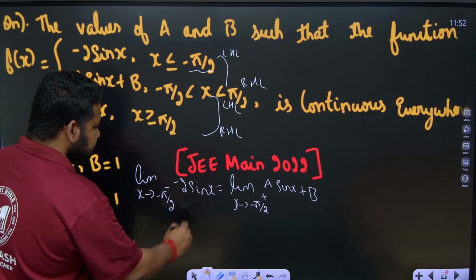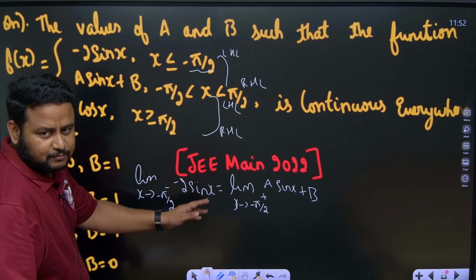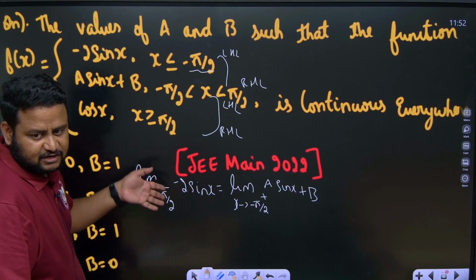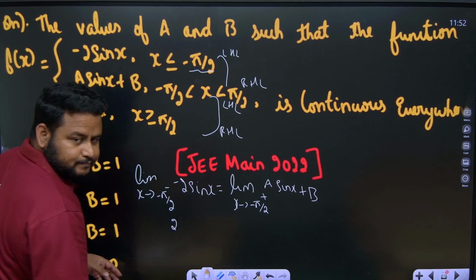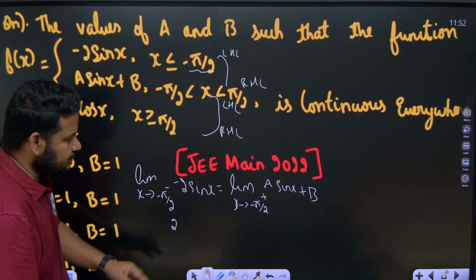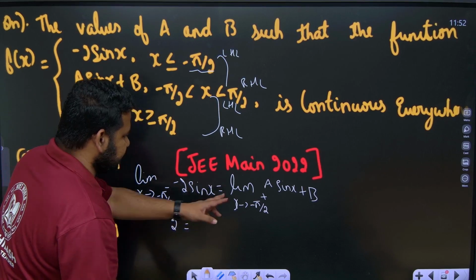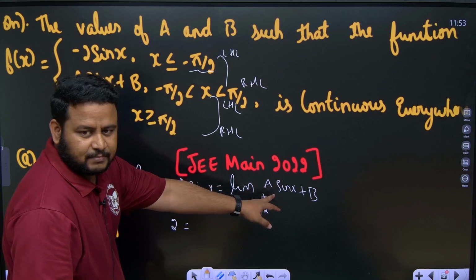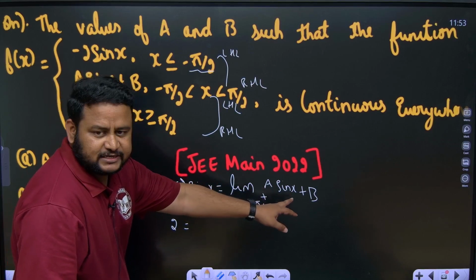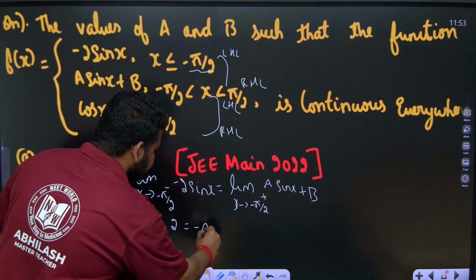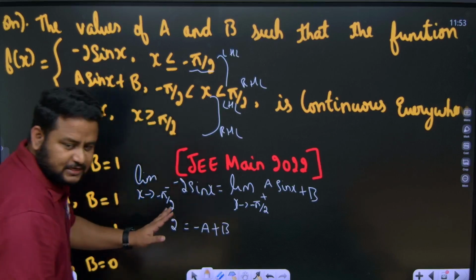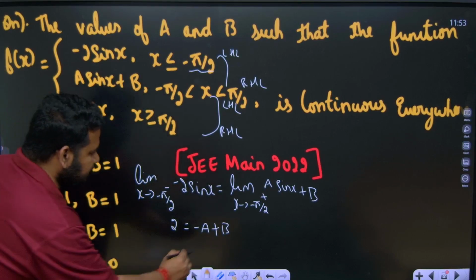Minus 2 sin of minus pi by 2. Minus will come out, because we know that sin of minus theta is minus sin theta. So this will become 2. Directly I am writing. This will be equal to a sin x. Sin of minus pi by 2 is minus 1, so a will become a into minus 1, which is minus a, plus b. So minus a plus b is 2. I got one equation here.